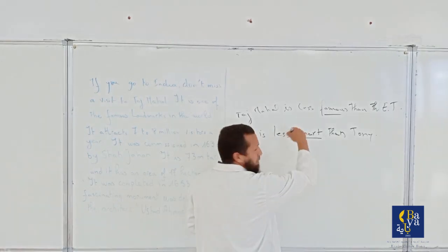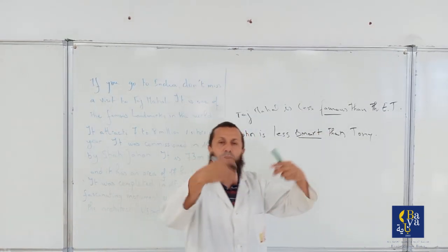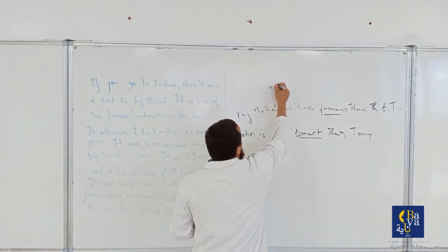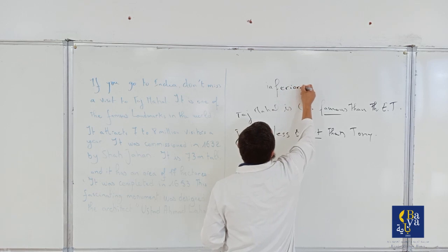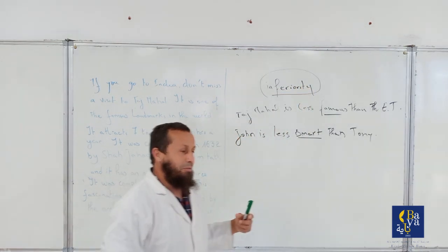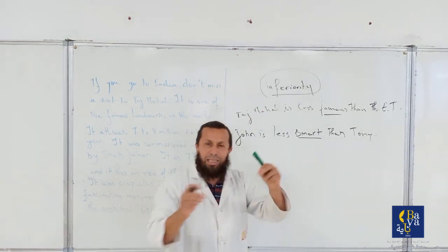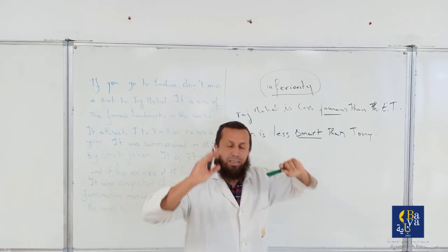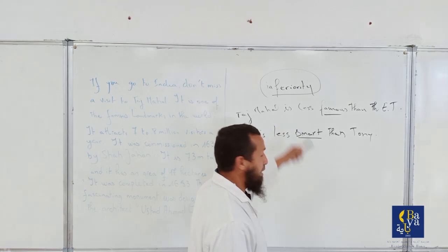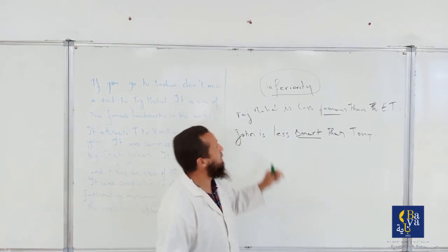We say less famous, less important, less smart, less kind. So this problem of short and long we don't have in inferiority. You just add less to the adjective and it is okay. This is comparison with inferiority.